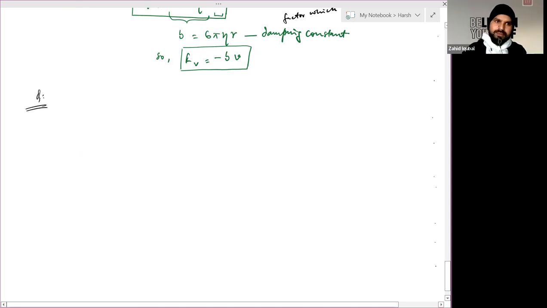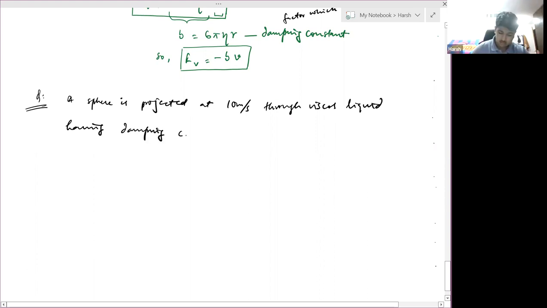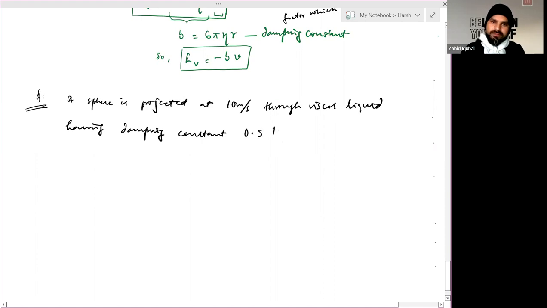Let me give you a question related to this part. A sphere is projected at 10 meters per second through a viscous liquid having damping constant 0.5 kg per second.